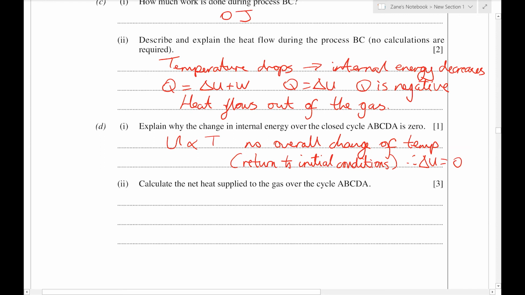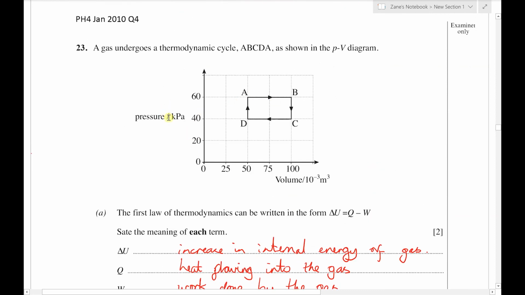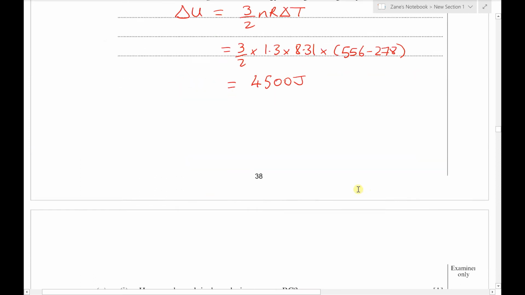Finally, we've got to calculate the net heat supply to the gas over the cycle ABCDA. So we can use Q equals delta U plus W again. We know that delta U is 0. W, for a closed loop, is the area of that loop. So if we look back at the diagram, we'll find that the area of this loop, remember we can cancel the 10 to the 3 and the 10 to the minus 3 here in our workings, but the area of the loop, it's 20 high and 50 across.